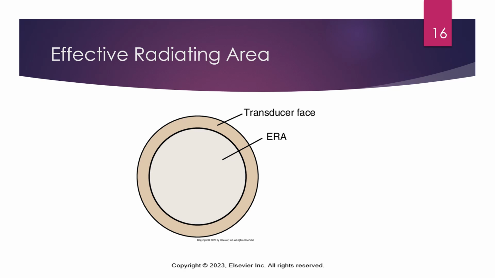But if we have a small transducer head, then we are obviously going to be limited to an area that's much smaller. And it just matters because the consistency and understanding the ERA helps deliver that treatment, right? If we're targeting a small area, we don't want to move outside of that effective radiating area. We want to keep it pretty confined.